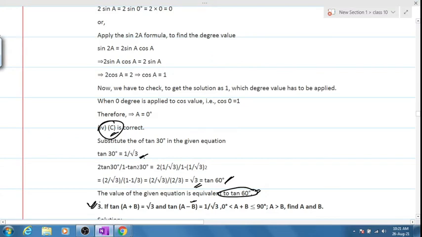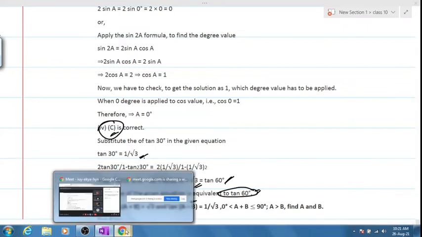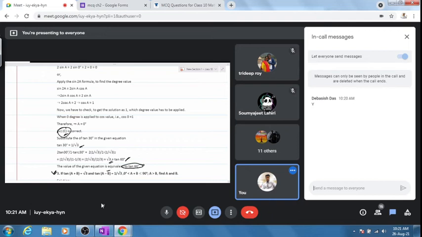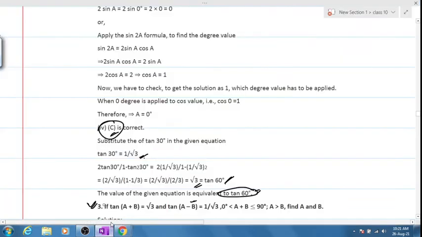People who are done with this, will try out question number 3. How many are done with question number 3? I think 2 and 3 were given as homework, right? No issues, you try out question number 3 now. Over here, one hint I can give you.